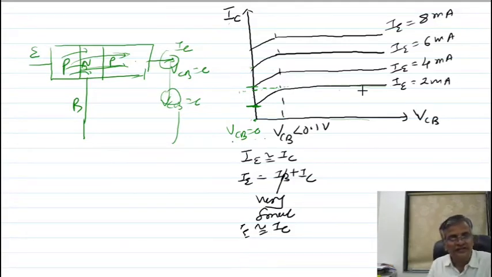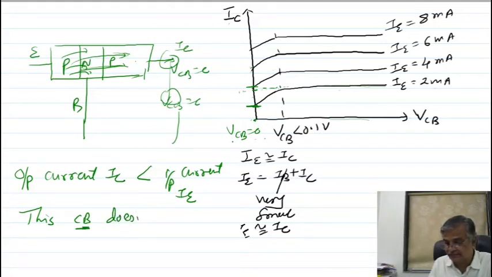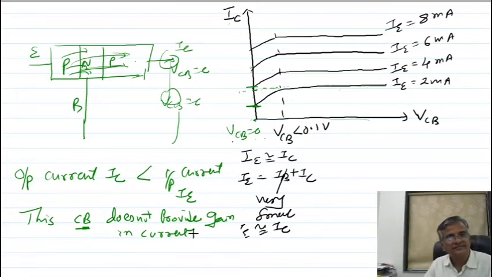So from these characteristics, the conclusion is that the output current IC is always less than the input current, so this common base configuration does not provide gain in current.